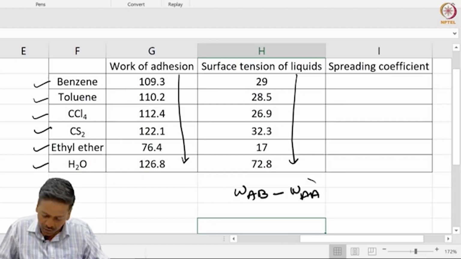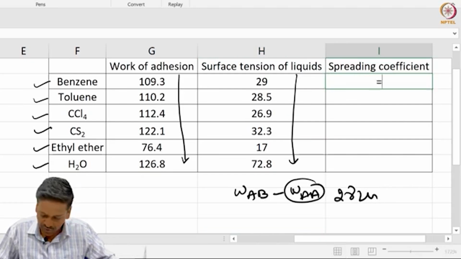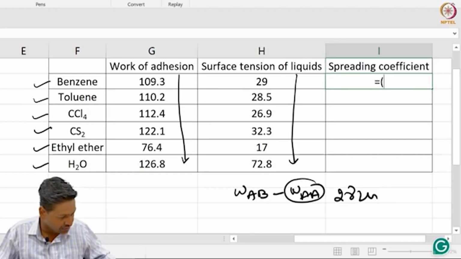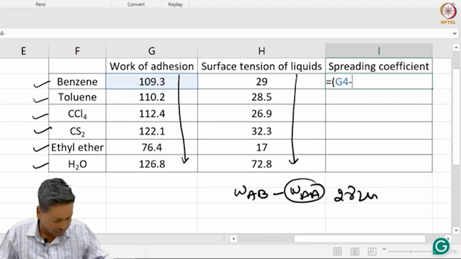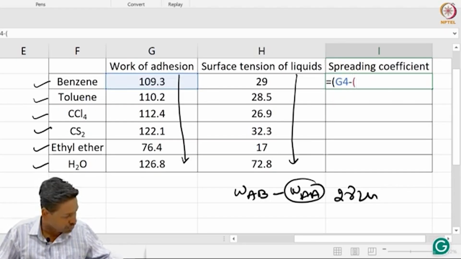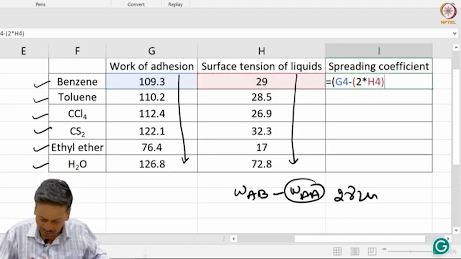Work of cohesion is 2 times gamma LG, whose value we have reported here. So we just subtract WAB minus 2 gamma LG, and then we will get the spreading coefficient in this case.